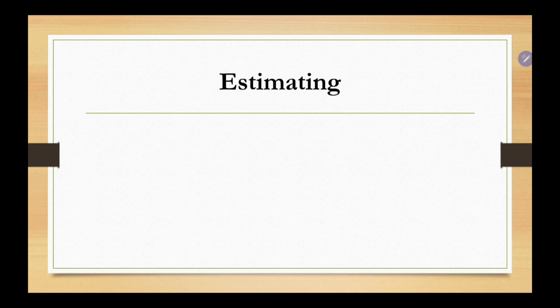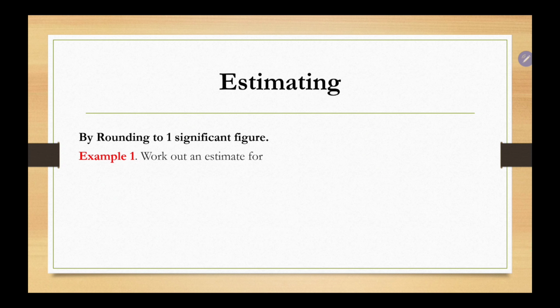We're going to use the knowledge of rounding numbers to estimate values of certain questions. Okay. By rounding to one significant figure, example number 1. Work out an estimate for 31 times 9.97 divided by 0.519. 31 has 2 digits, so the first significant figure is 3.